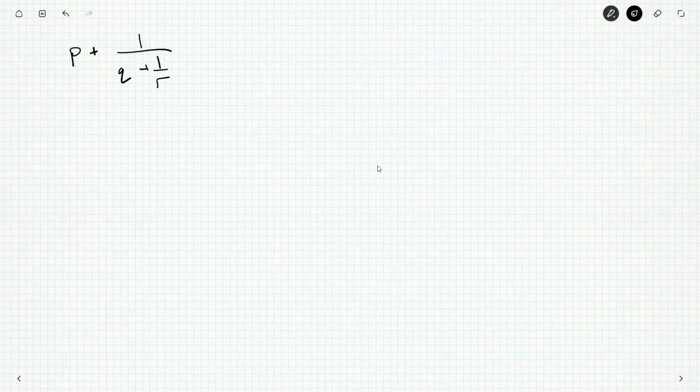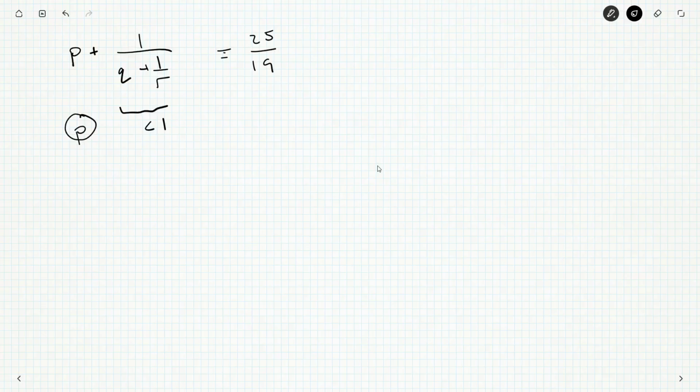And so Q plus 1 over R, well, that's still going to be more than 1. Q's got to be at least 1. 1 over something that's at least 1 is going to be less than 1. If this is going to be equal to 25 over 19, we've got a part here that's definitely less than 1, and then we've got actual integer parts over here for P.